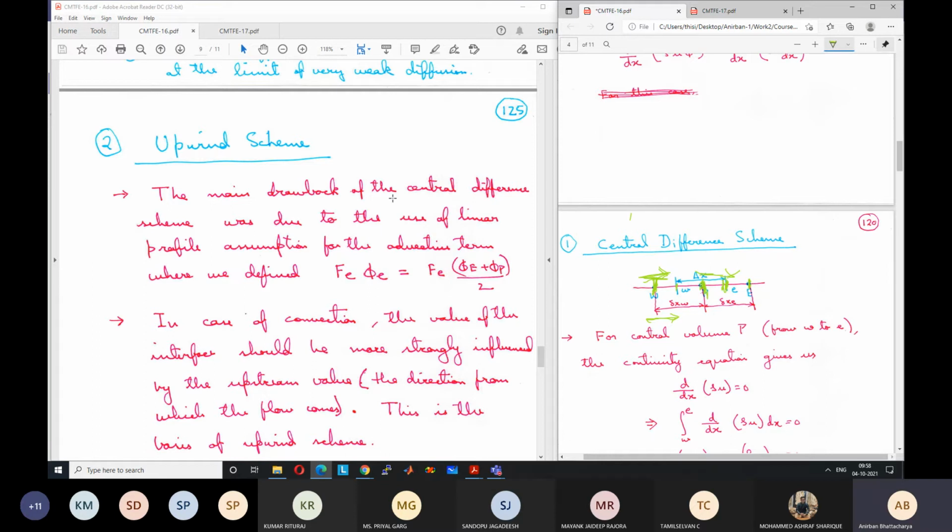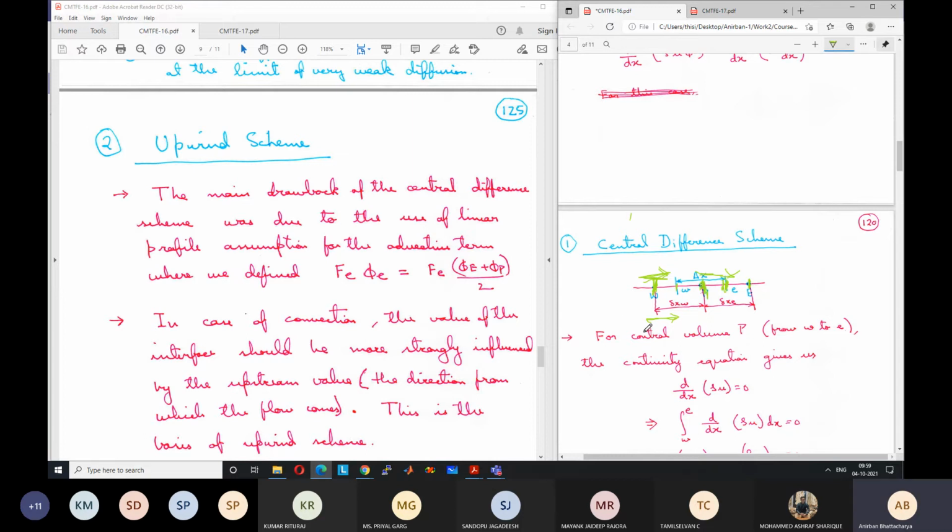We have discussed the drawback of the central difference scheme, and we'll try to devise a scheme which will avoid that drawback, which was that we considered equal contribution from both sides to the interface point. But it should not be true, because the upstream side from where the flow is coming should have a strong contribution.